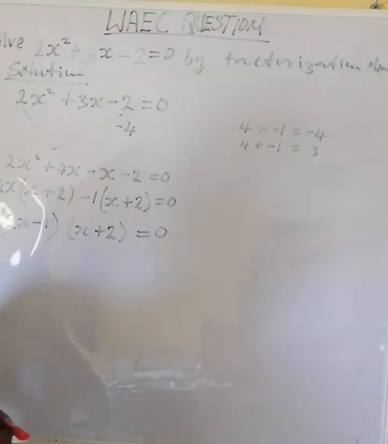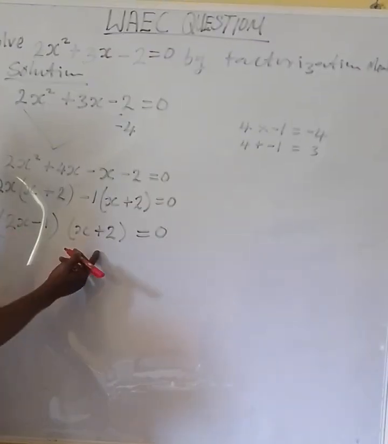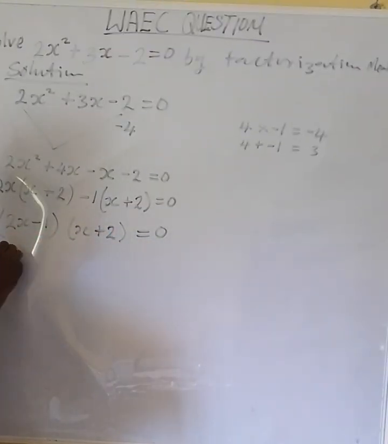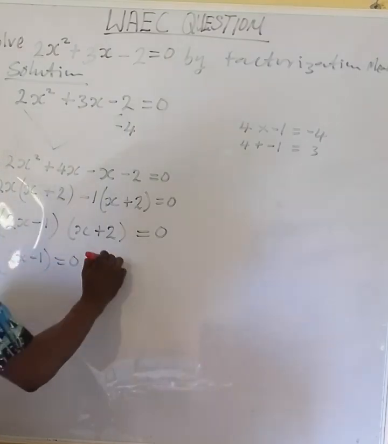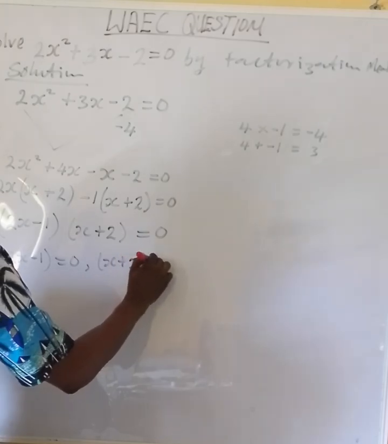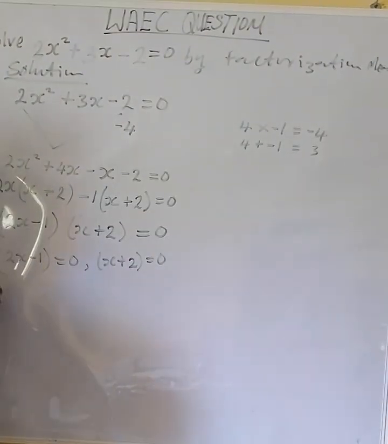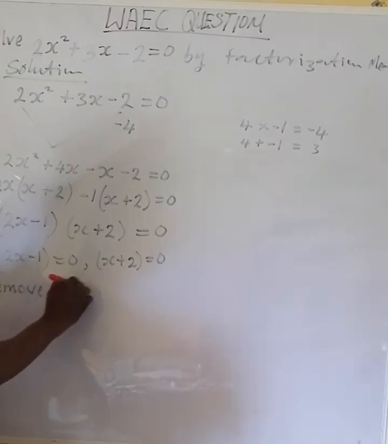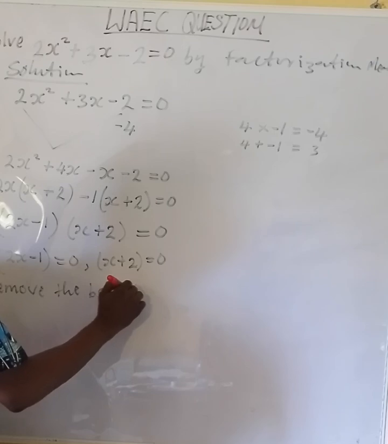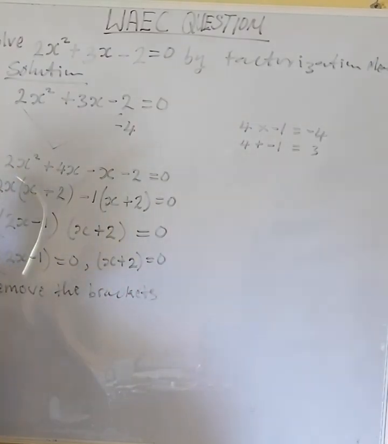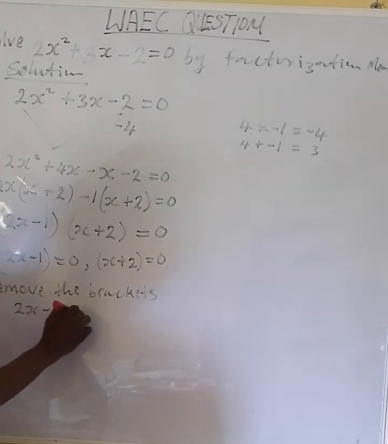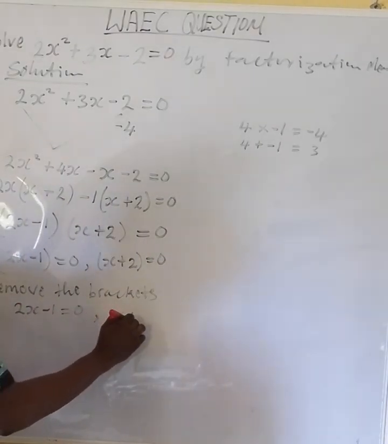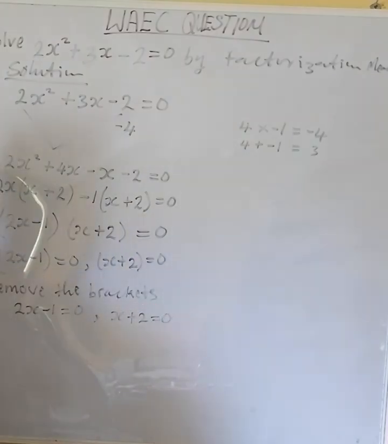Having done that, the next thing we are going to do is we equate the two factors to 0. So we now have 2x minus 1 equals 0, comma, x plus 2 equals 0. Are we together? Then you remove the bracket, and it will give us 2x minus 1 equals 0, comma, x plus 2 equals 0.